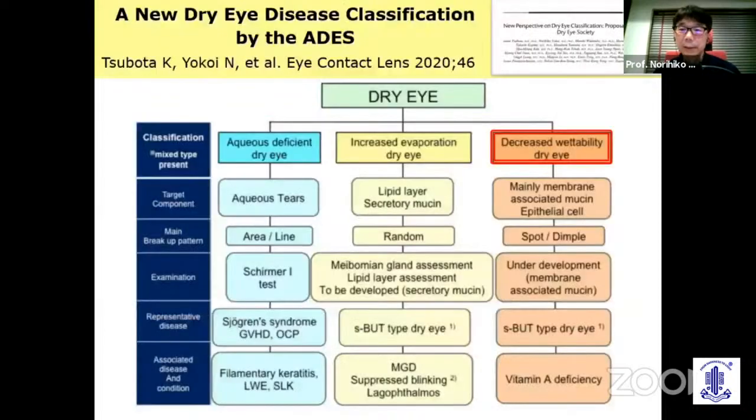On the contrary, this slide shows a new dry eye disease classification proposed by the Asia Dry Eye Society, in which decreased wettability dry eye is included as an important and non-negligible dry eye subtype. As another breakup pattern for decreased wettability dry eye, we recently added a breakup pattern with rapid expansion.